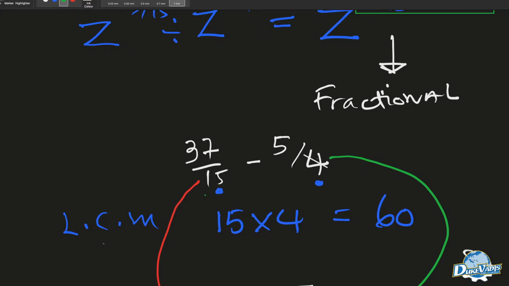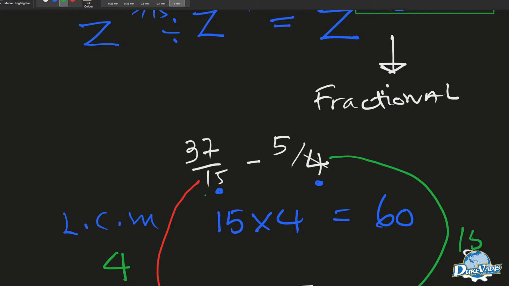So it multiplies this place by 4. Okay, 4 goes into 60 how many times? So we say 60 divided by 4, and that gives us 15.